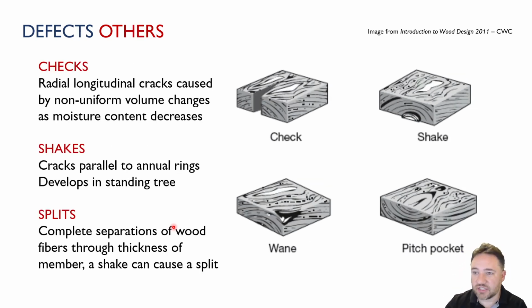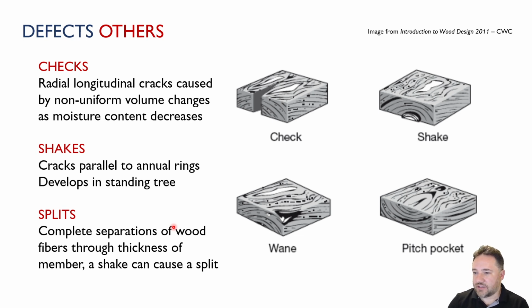Other types of defects that you might have in wood include checks, shakes, and splits. These are all effectively different kinds of cracks that we can have in the wood, like a radial longitudinal crack caused by moisture content changes. This is happening because the radial and the tangential shrinkage are not the same. Since the tangential shrinkage is greater than the radial shrinkage, that can form cracks in the piece of wood, and that's what a check is.